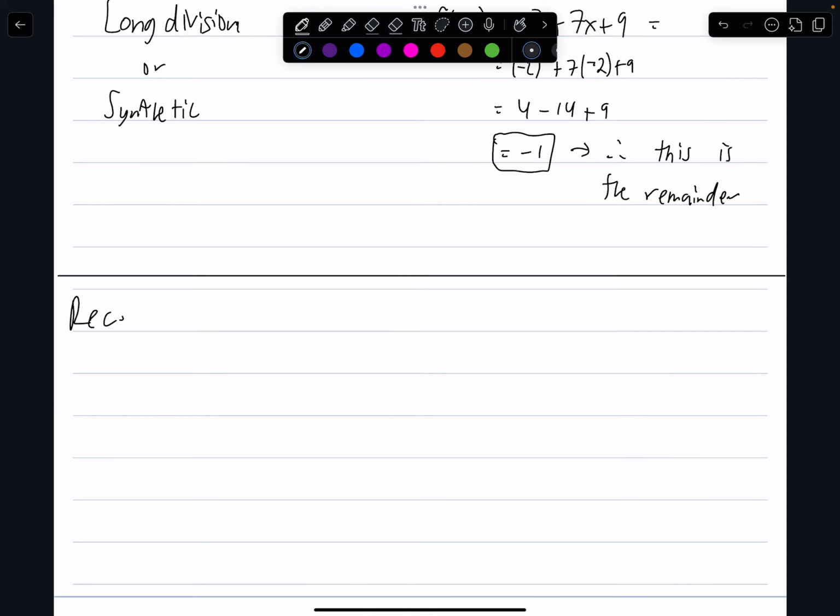So all in all, what are you doing? Just a recap. If you have a function with a factor x minus a, and I set this to 0, it's going to be x equals a.